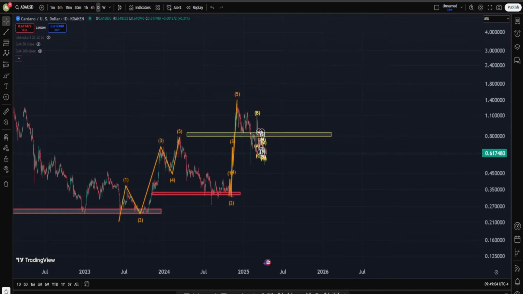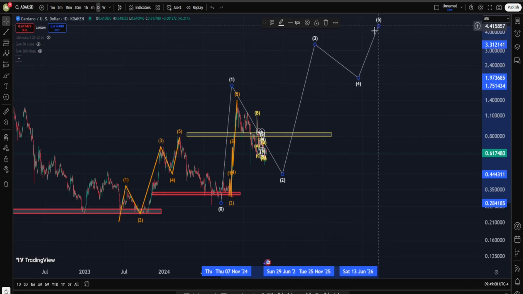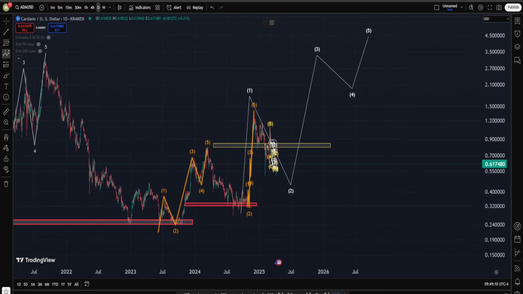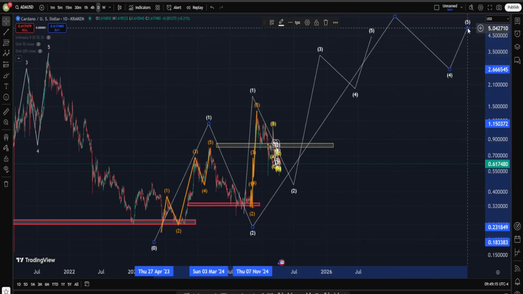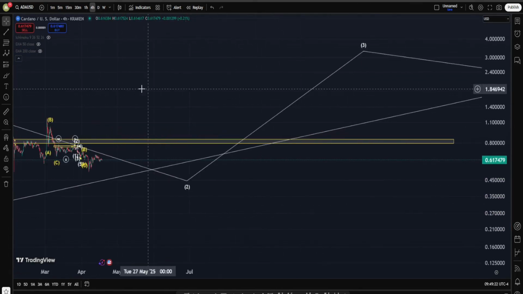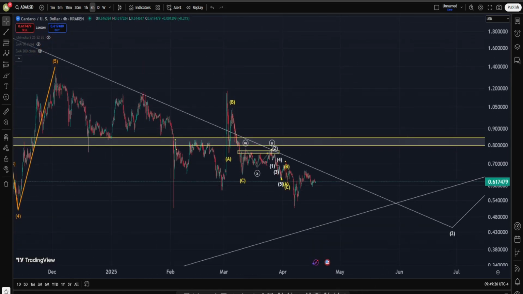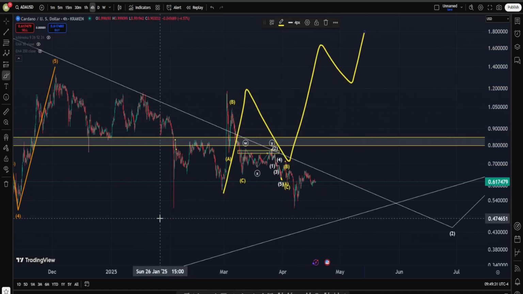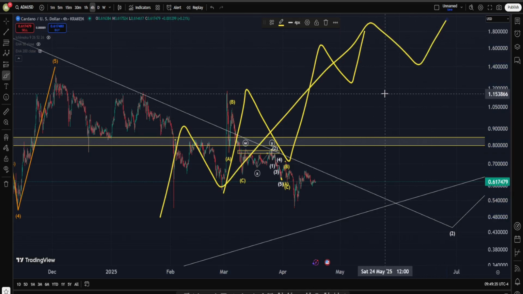This can be starting from here, a 1, 2, and then 3, 4, 5 into a wave 3, and then correction for 4, another move up into wave 5. Also, in the short term, the idea was that maybe this is also another series of 1-2s, meaning a 1, 2, and then 3, 4, 5 into a larger degree wave 3, correction for 4, another move up into wave 5.